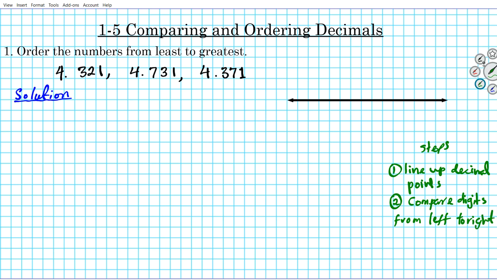So what we're going to do is write down these three decimals in a way where the decimal points are aligned. So we have 4.321, and then 4.731, and then 4.371. See how I'm lining up the decimal points and the digits: tenths, hundredths, thousandths.